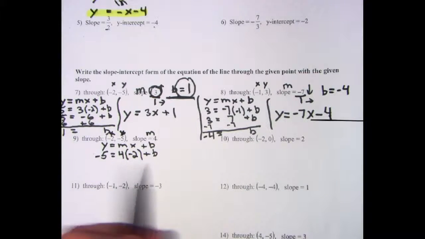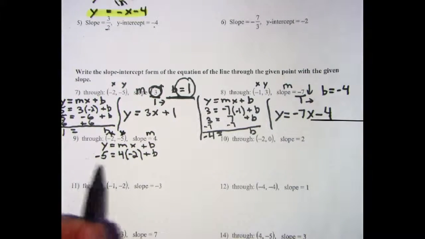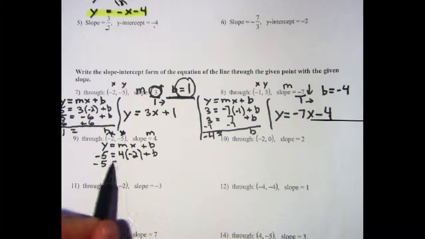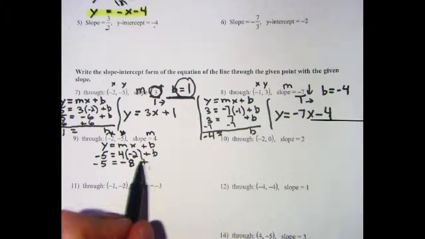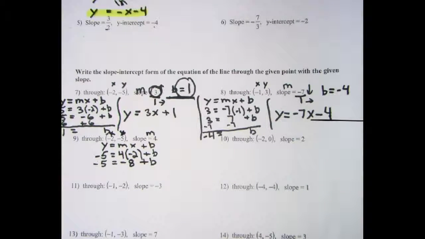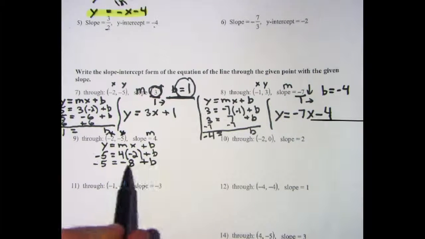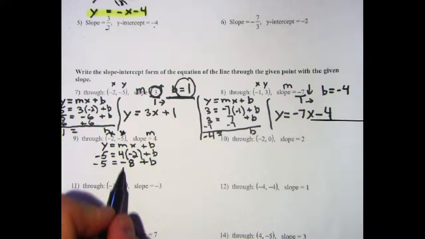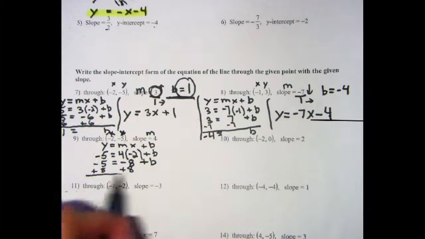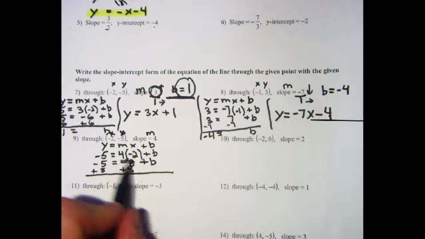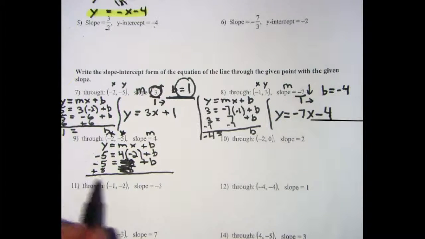Okay. Go ahead and solve. So we get 4 times negative 2. Negative 8 plus b. And then since this is a negative 8, I'm going to add 8 to both sides. So that's 0. 8 minus 8 is 0. 8 minus 5 is 3.